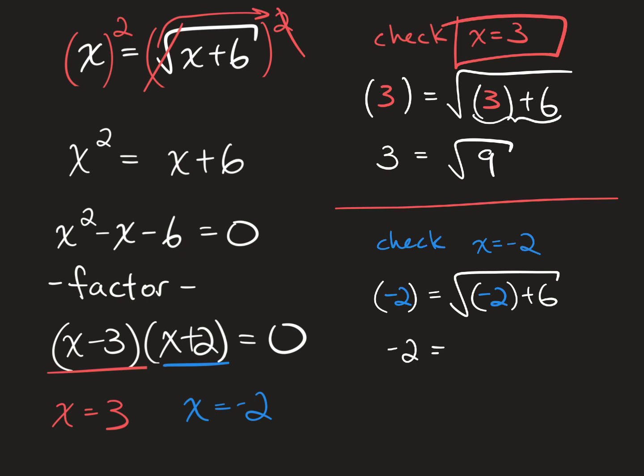But on the right side, you're going to have a square root of 4. Now I can go ahead and tell you right now that the square root of 4 does not equal -2. So this answer here is no good. That means we only have one answer out of the two that we got. We only have one answer, and it is x equals 3.